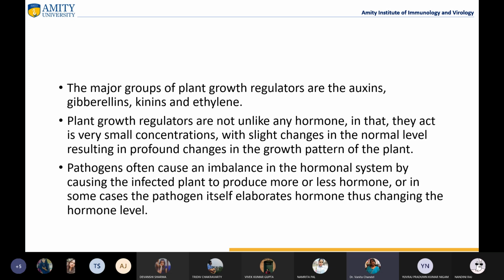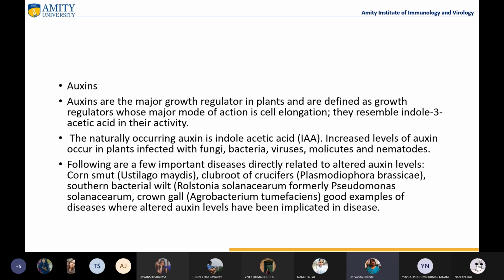Sometimes infected plants produce more hormones or less hormones, or in some cases the pathogen itself elaborates hormones, thus changing the hormonal level, right? So definitely if they are affecting the hormones or plant growth regulators, plant growth will be affected. For example, auxins are the major growth regulators, and they play a role in cell elongation, right? Indole-3-acetic acid.